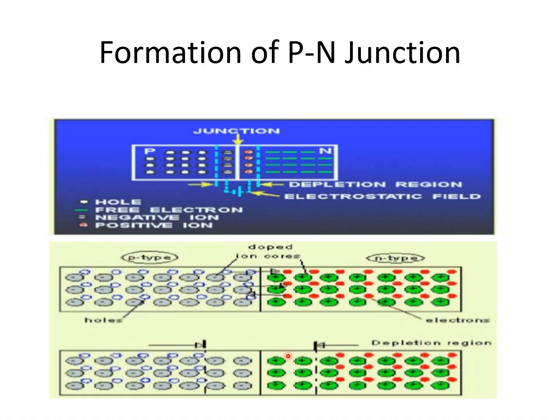At the same time, see here, the holes will flow from p type to n type and combine with the electrons, forming positive ions. So this is the lack of charge carriers. See here, there are no charge carriers in this space. Depletion region. The region has been depleted of charge carriers.